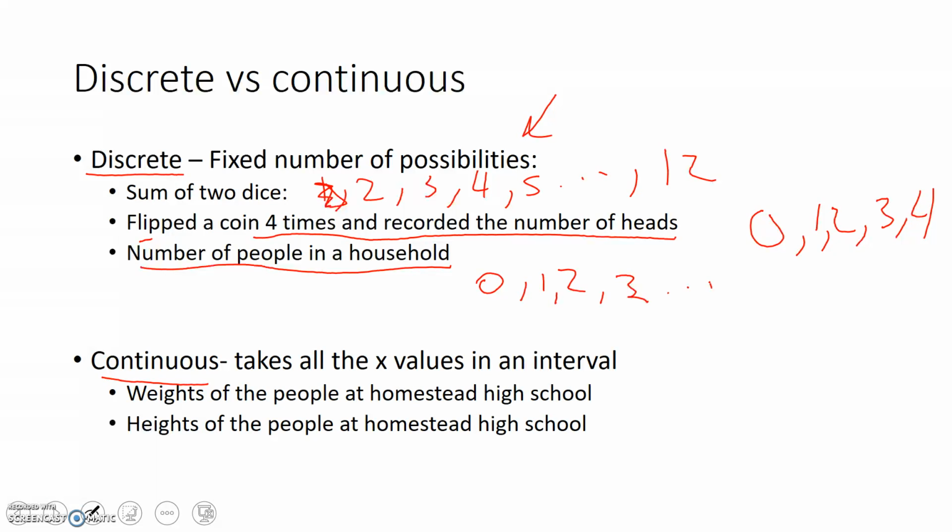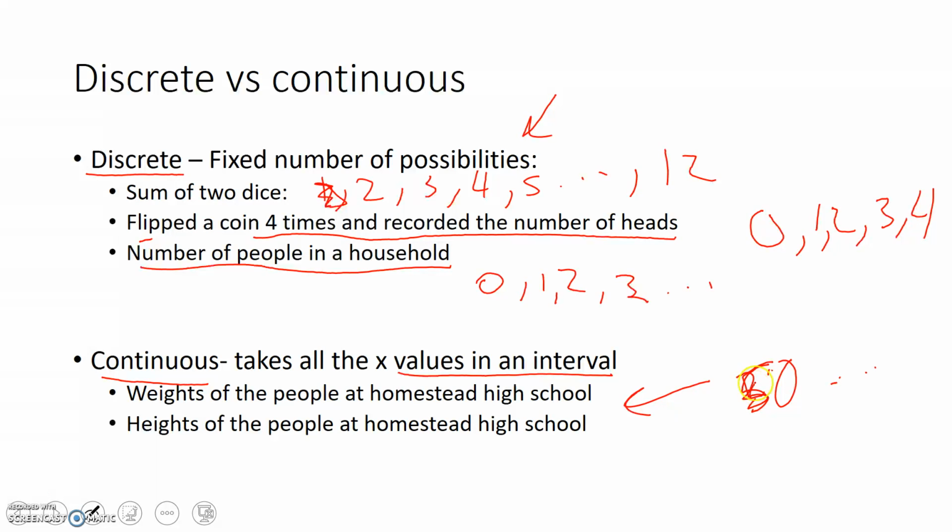Continuous would be things that make more sense to put in intervals, like weights of people at Homestead. There's so many people at Homestead that have so many different weights that it really wouldn't make sense to say, well, we're going to go all the way from 50 pounds, maybe that's our lowest, all the way up to, I don't even know what would be the max weight.